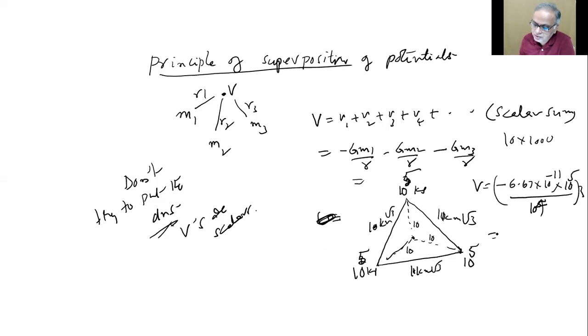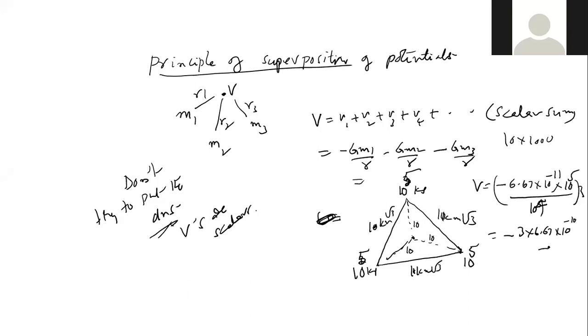So that will be whatever it is: minus 3 into 6.67 into 10 to the power minus 10. Minus 10. The units will be joules per kilogram.